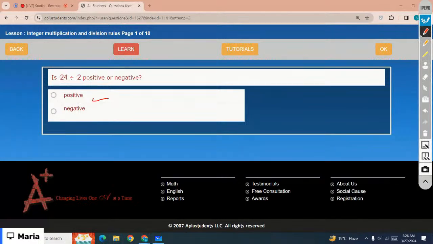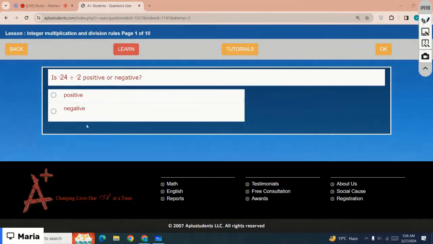Got it? The correct option is positive. Let's select the correct option and move on to the next question.